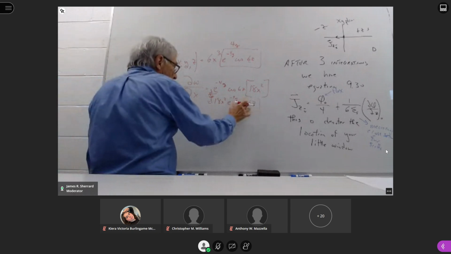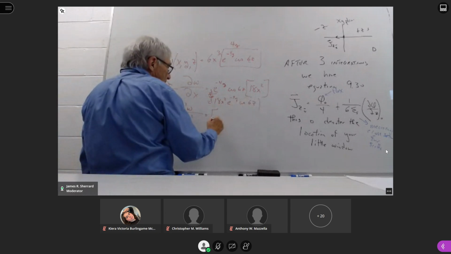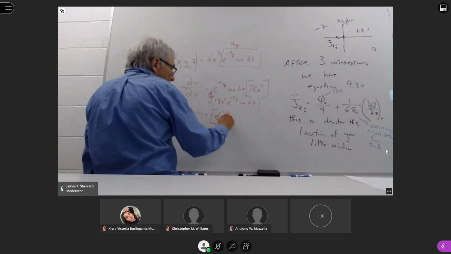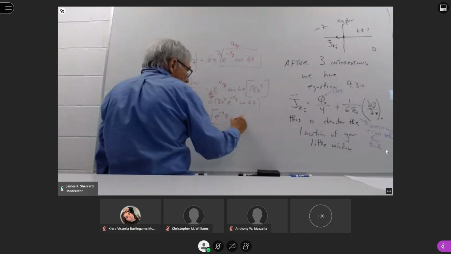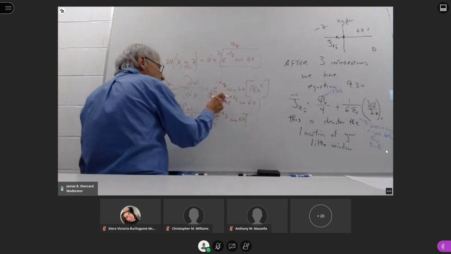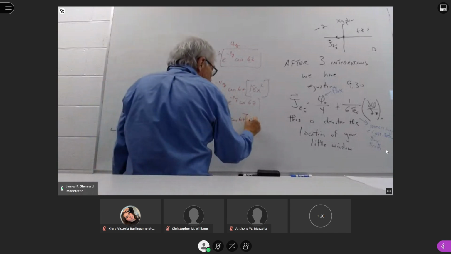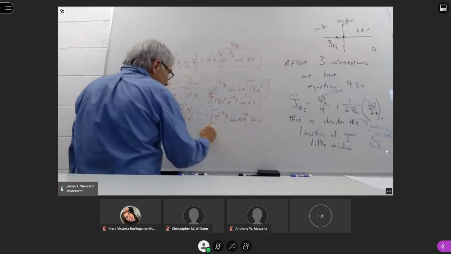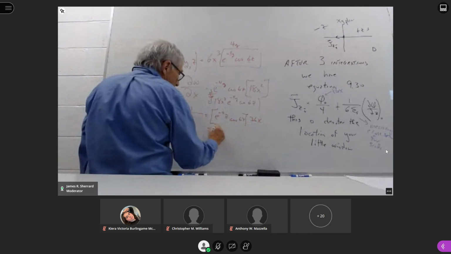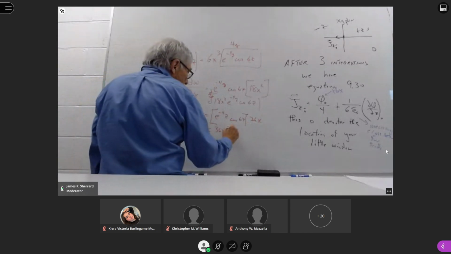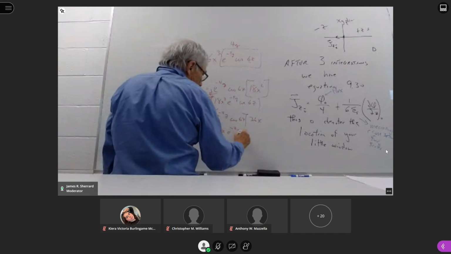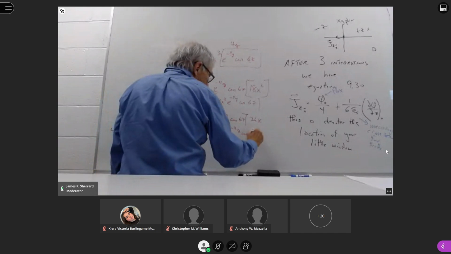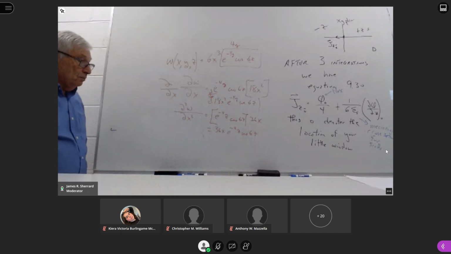Again, you do the same thing. You keep everything that doesn't have that the same. Then we differentiate just what's in here, which would be 36x. So this now becomes 36x e to the minus 4y cosine of 6z.